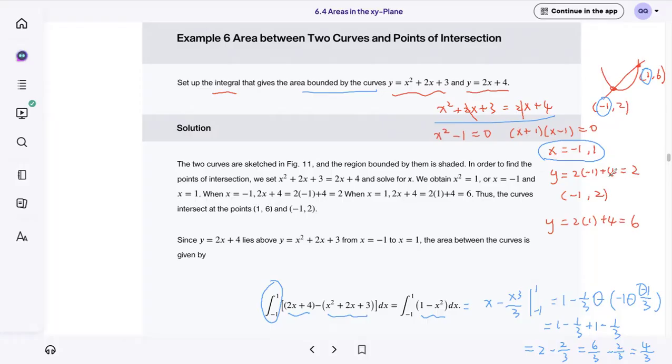Actually, we don't need to, because all we need is a lower limit and upper limit. Once we have x equals -1 and 1, we know the smaller value is the lower limit, the bigger value is the upper limit. Then we set up the integration, then we anti-differentiate, then we evaluate.